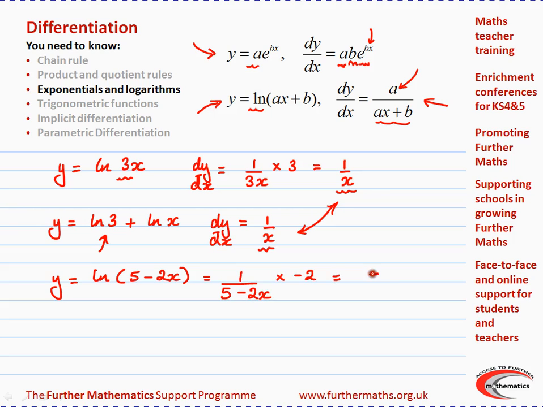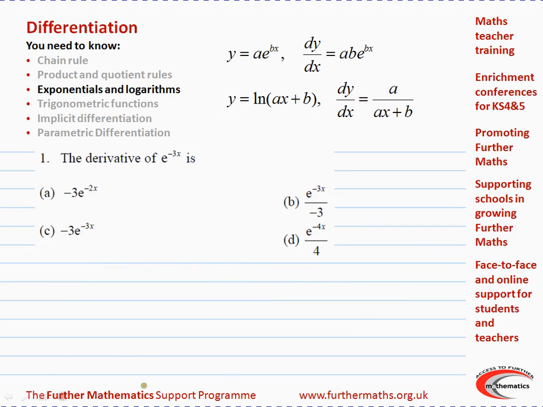So your overall derivative there is minus 2 over 5 minus 2x. And that negative 2 can't cancel away because of this constant value 5 in the denominator. There's no common factor of minus 2 in the numerator and the denominator to cancel out, as there was in this example up here. Okay, so let's take a look at some examples here.